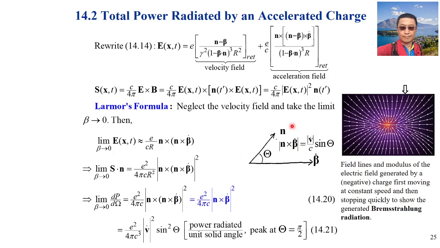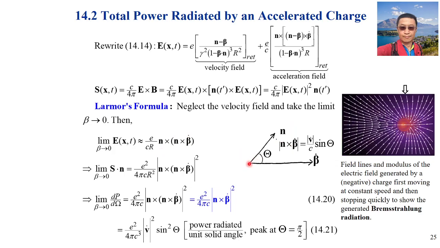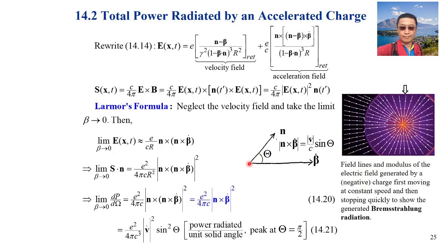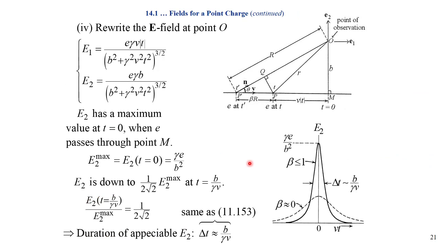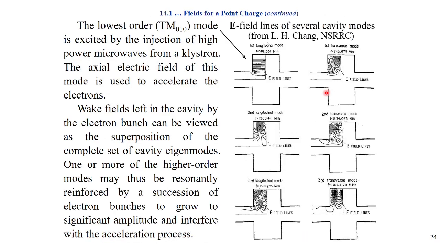If you don't remember what n is, let's go back. n is the direction from the point t prime to the observer. And beta is the particle's velocity divided by the speed of light.